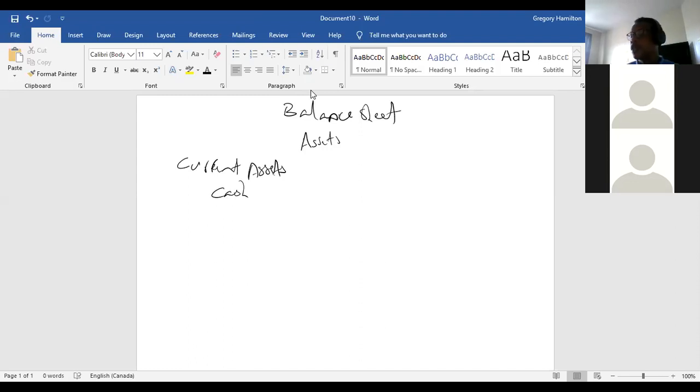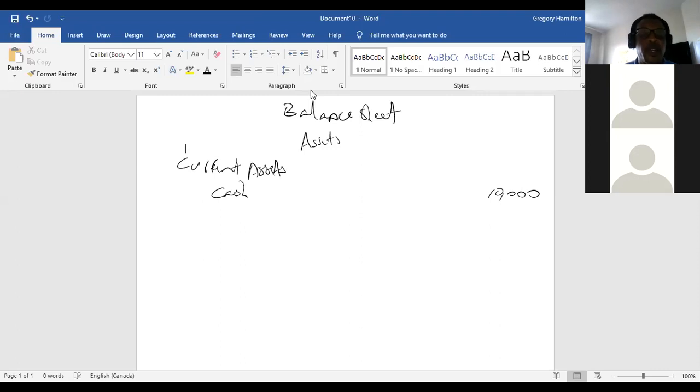Since we're starting with the most liquid assets, we're going to start with cash at the top. That represents 10,000. We're starting with cash because it is the most liquid.